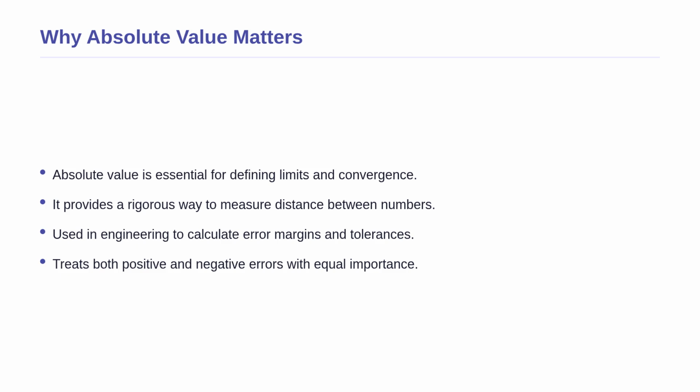Without it, we could not define derivatives or integrals properly. Even in the real world, engineers use absolute value to calculate error margins. If a machine part must be 10 centimeters wide with a tiny error margin, absolute value ensures the part is neither too big nor too small, treating both errors equally.